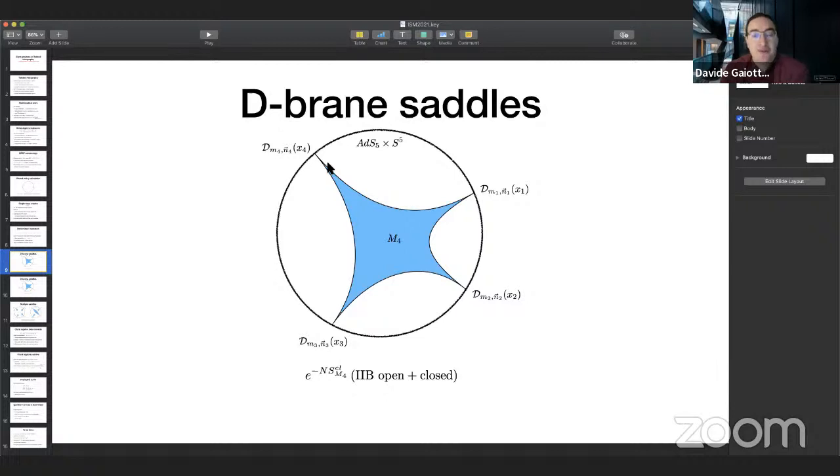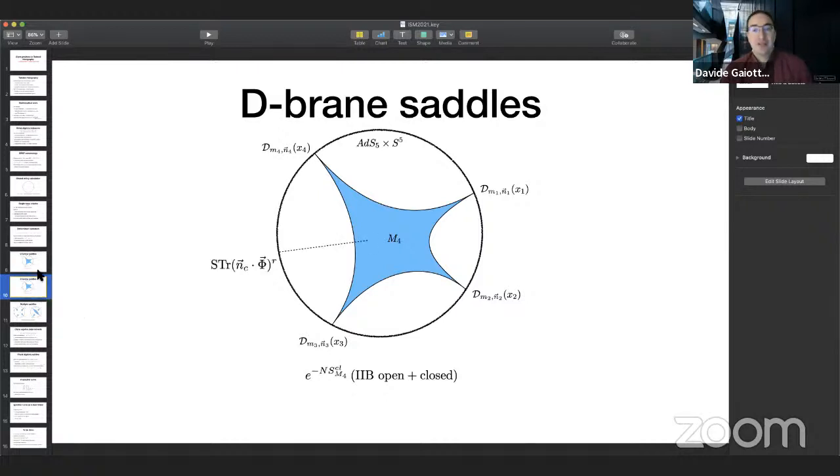And then the correlation function should be, at large N and large 't Hooft coupling, controlled by a D3 brane wrapping some four-manifold in AdS5 times S5, which approaches the boundary in this specified way. So in the bulk, the calculation should involve essentially open-closed string theory, where you have both closed strings propagating about, but also open strings living on the D3 brane and interacting with the closed strings.